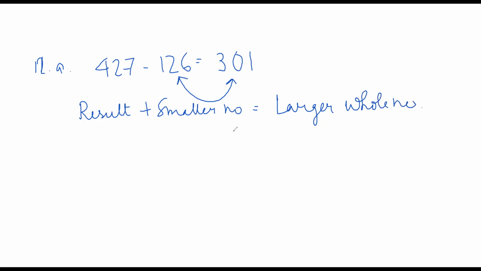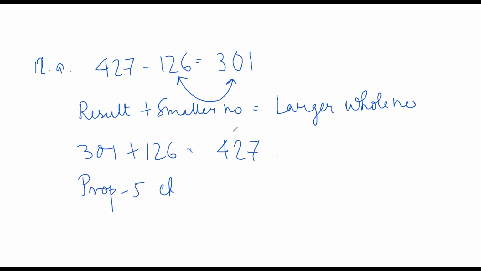So 301 plus 126. I'm doing it very fast so you can take a screenshot. Here we'll write property 5 check. Take a screenshot. Less than 1 minute is left.